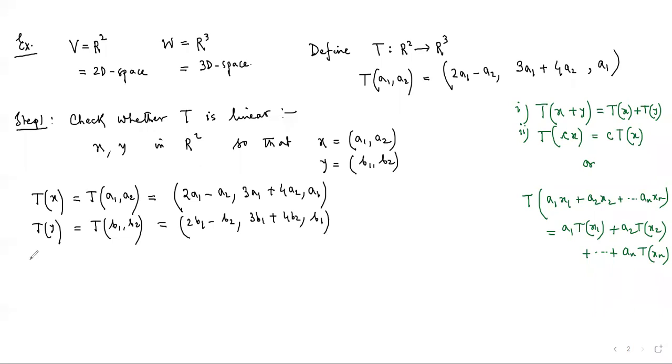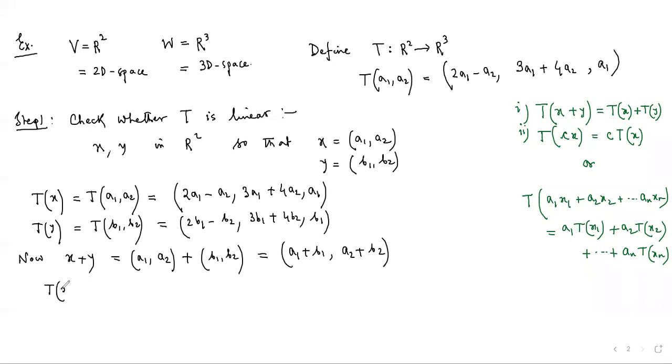And what is x plus y? X plus y is (a1, a2) plus (b1, b2), so we have (a1 plus b1, a2 plus b2). This is by definition x plus y.